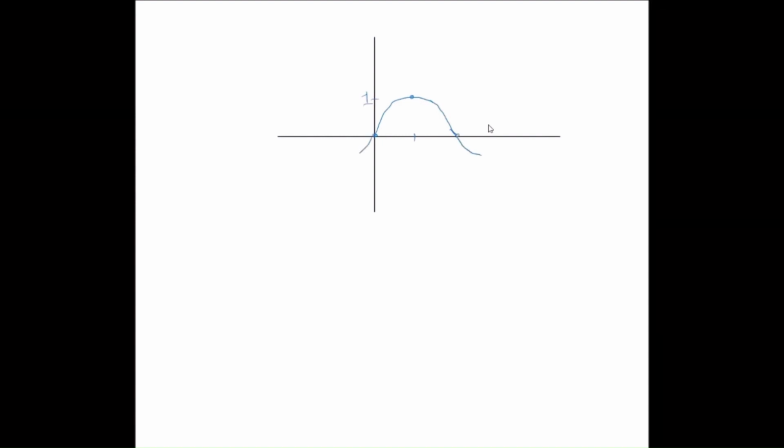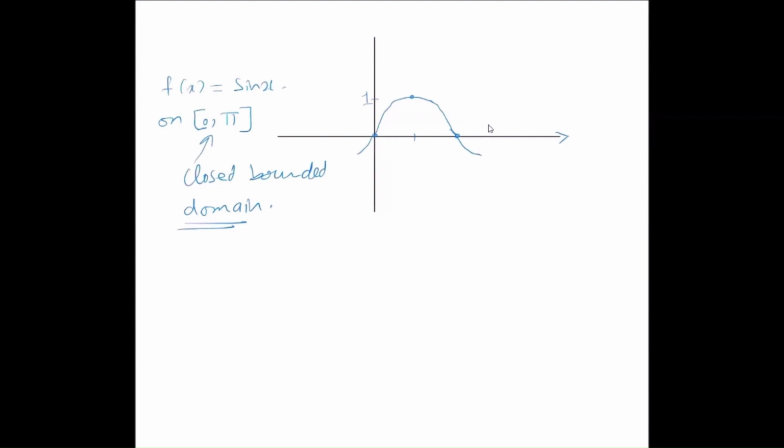If f of x is sin x, the domain is the whole of real numbers. But on [0, pi], this is a closed bounded domain. Because this is a closed interval and bounded, it does not go to infinity.